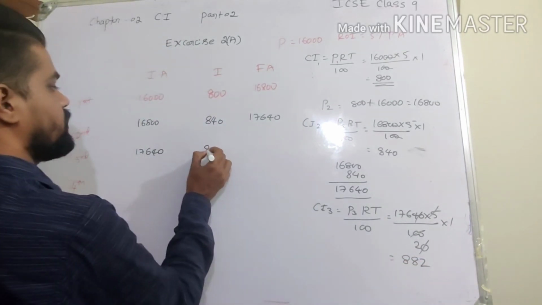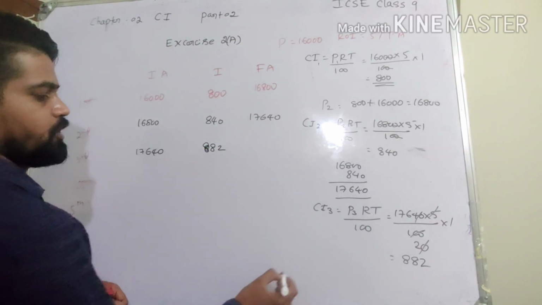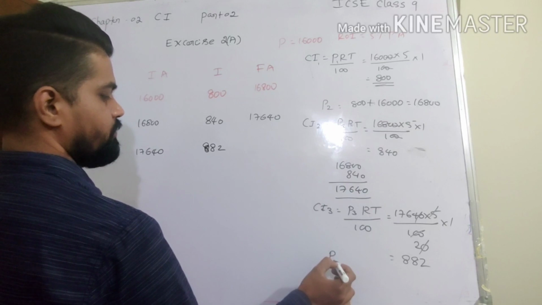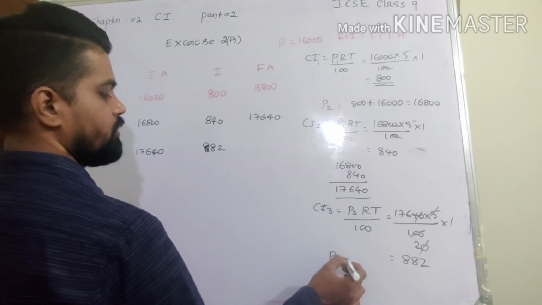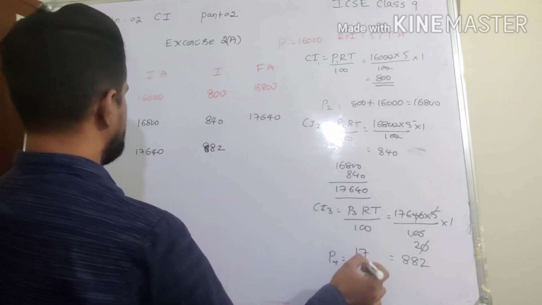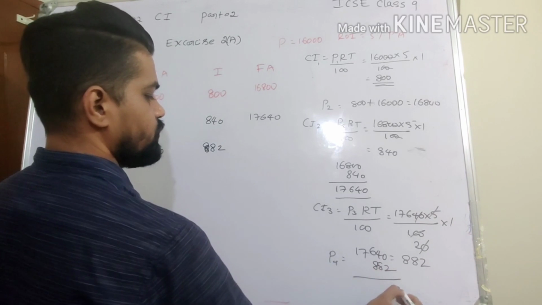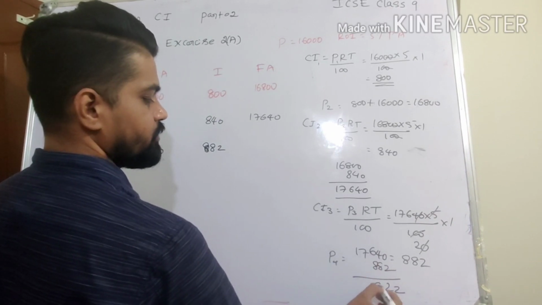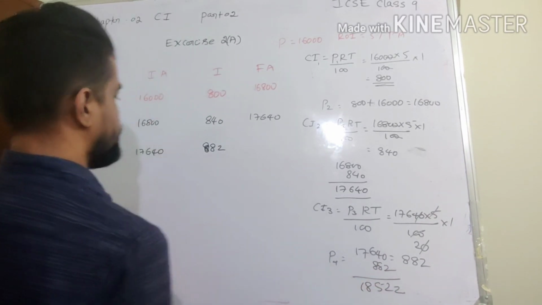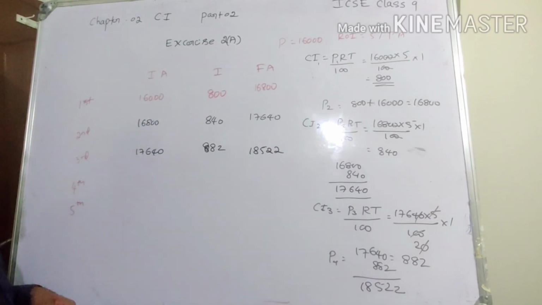So we end up with 882. That is the interest here. The principal will become the final amount: 17,640 plus 882, which will be 18,522. 18,522 is the final amount at the end of the third year.